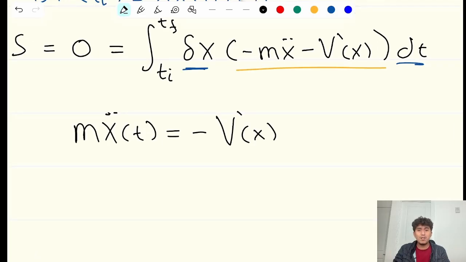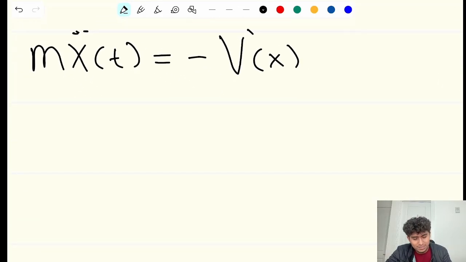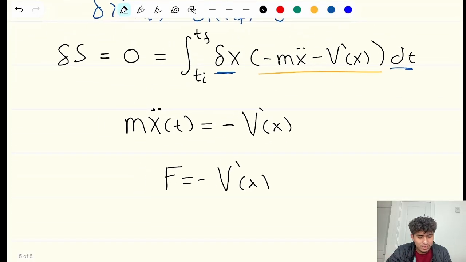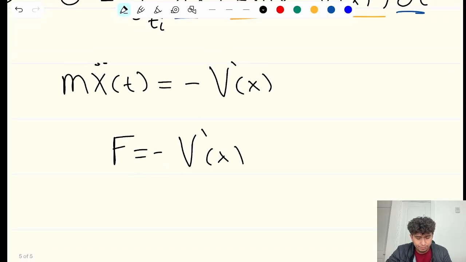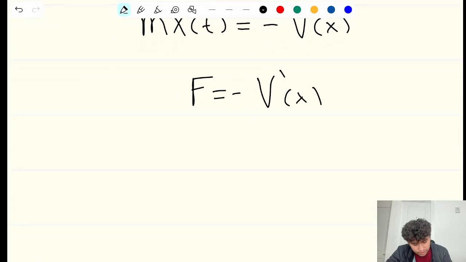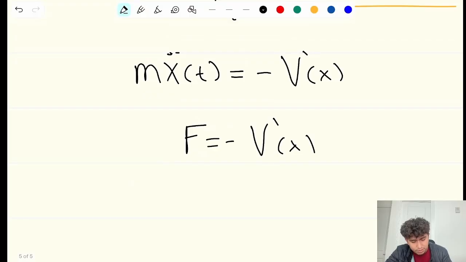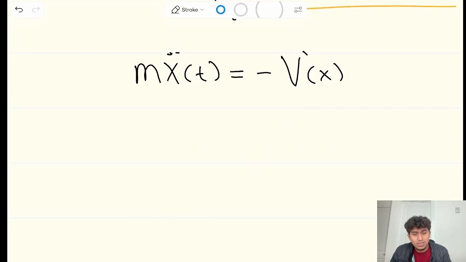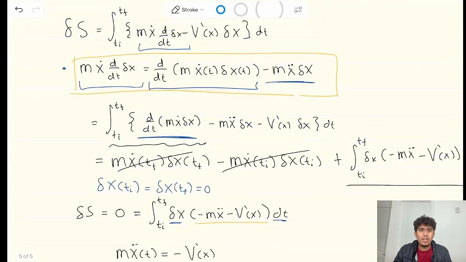And if you remember from your classical mechanics class, a force can be described as minus the gradient, or minus the derivative, of a potential. So then this is the same as writing ma equals F. So we just rederived Newton's equation of motion. Cool stuff. So it's just a fancier way to do classical mechanics.